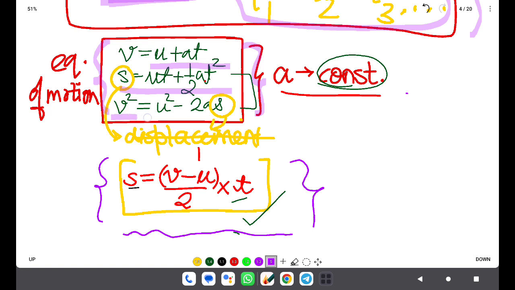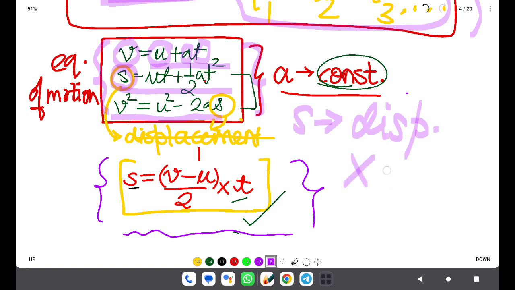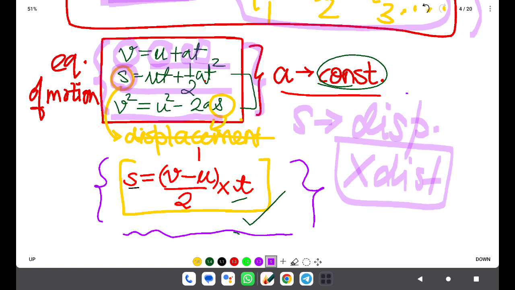Third equation is v square is equal to u square plus 2as, where v is the final velocity, u is the initial velocity, a is the constant acceleration, t is the time interval, the time taken for the motion, and s is the displacement. S is displacement, not distance. Remember, it is displacement.